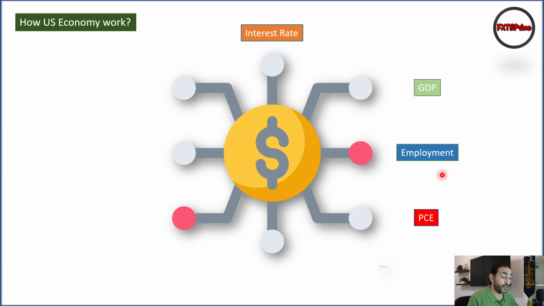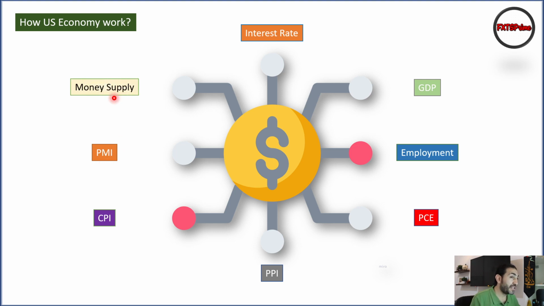the personal consumer expenditure, the producer price index, the CPI consumer price data, the PMI purchasing managers index, and the money supply in the market.